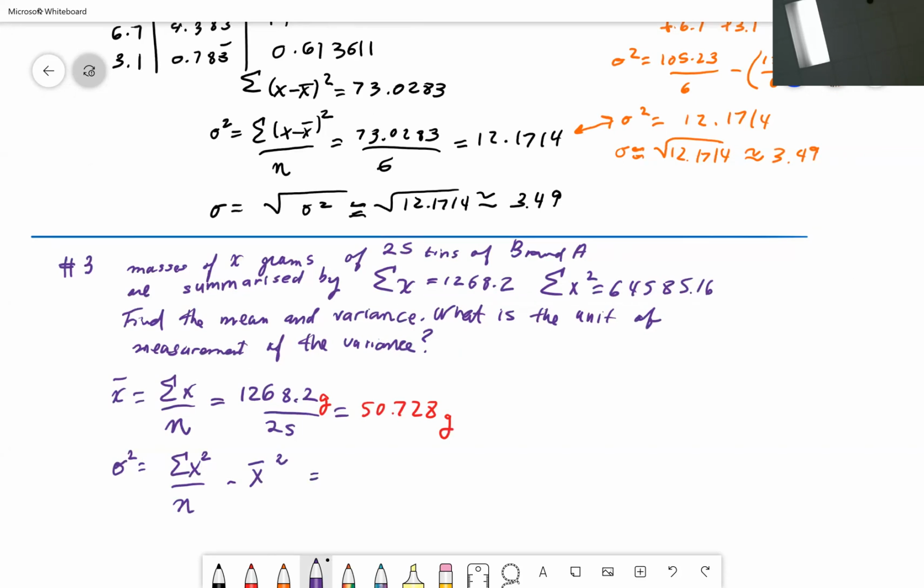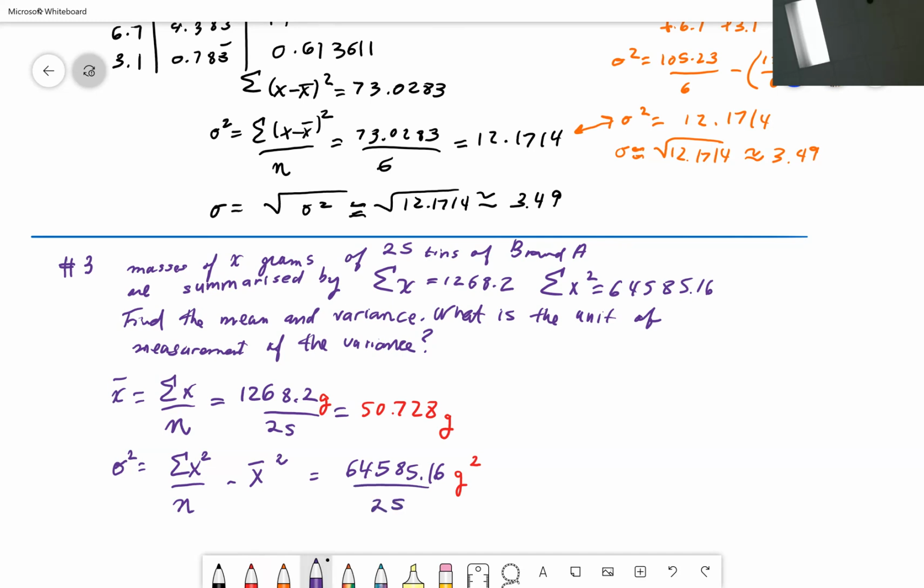If I square each of my numbers, then this here should be 64,585.16, but this should be grams squared. Imagine you add the first number, you square the first number, you're also squaring grams. And you're going to divide this by 25.